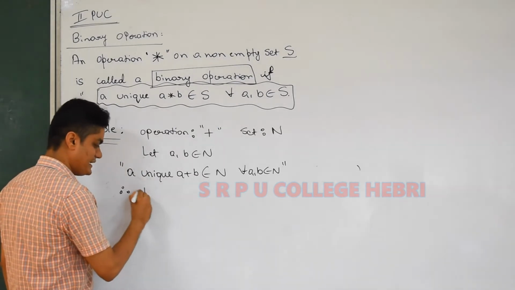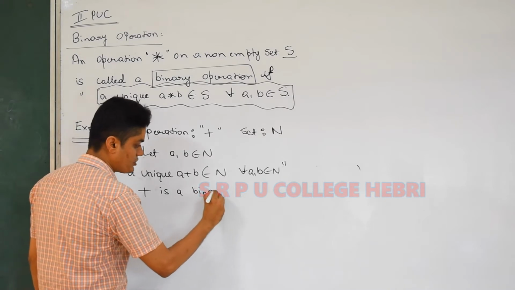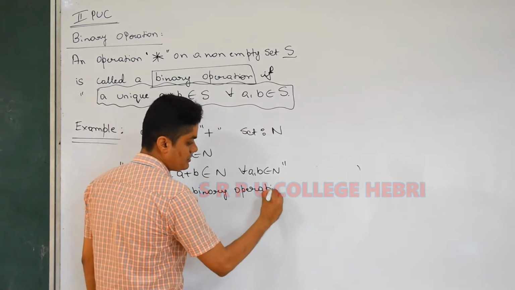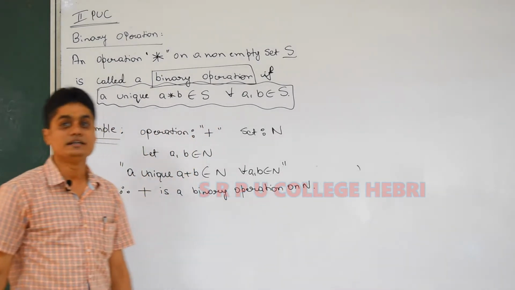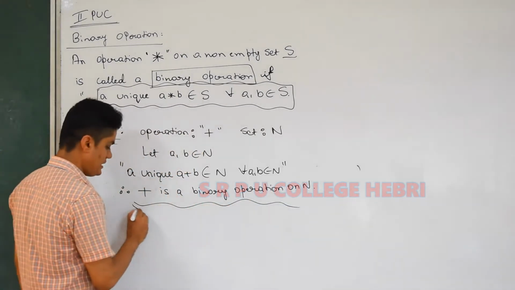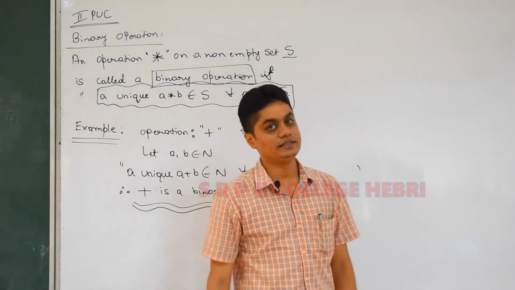Therefore addition is a binary operation on the set of all natural numbers. Did you understand what I am saying? The addition is a binary operation on the set of all natural numbers.